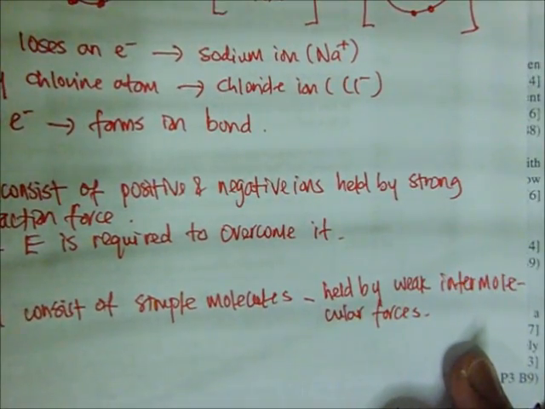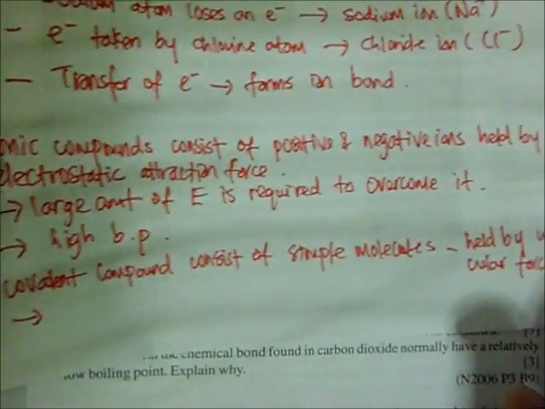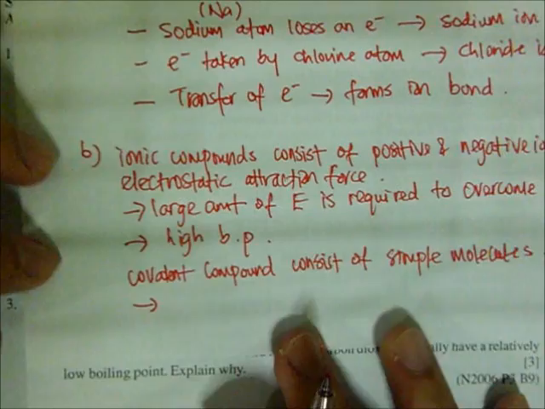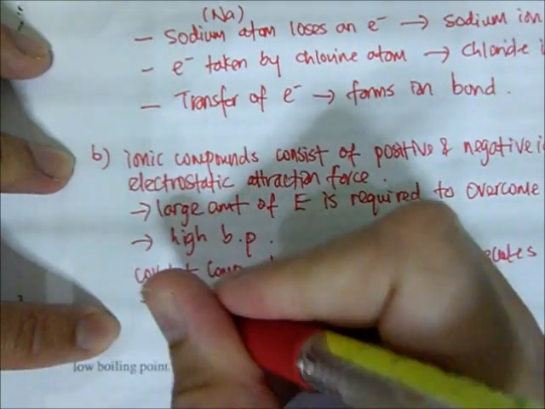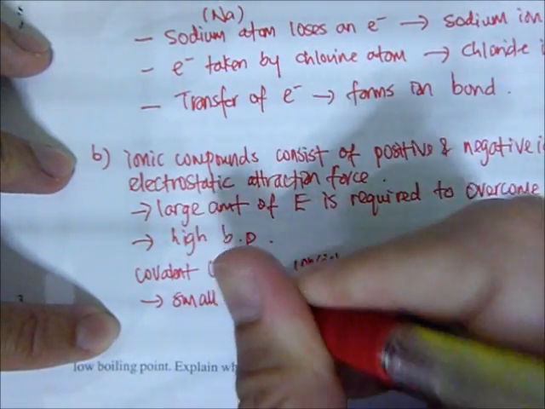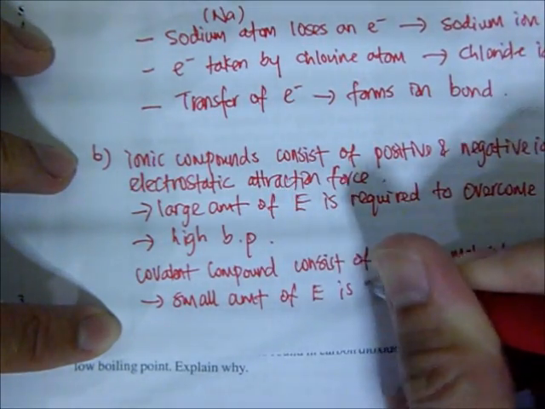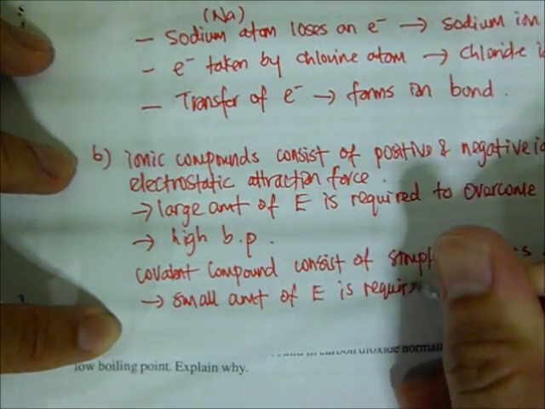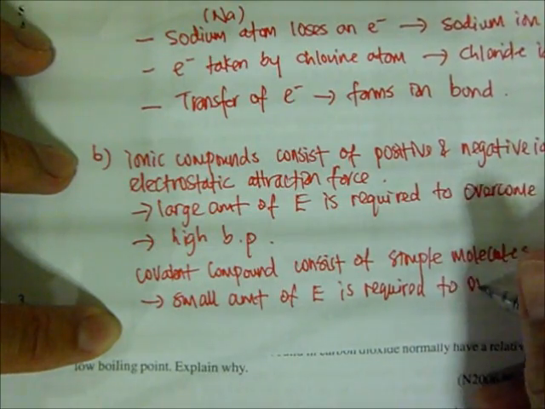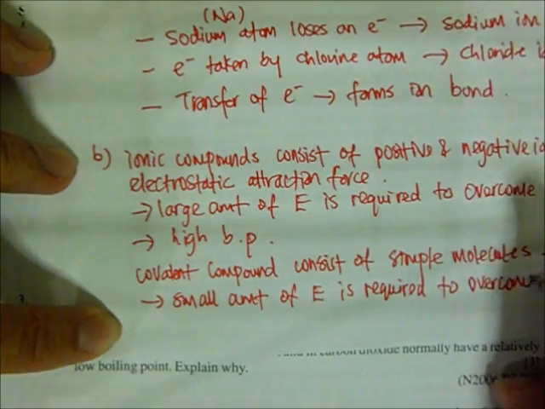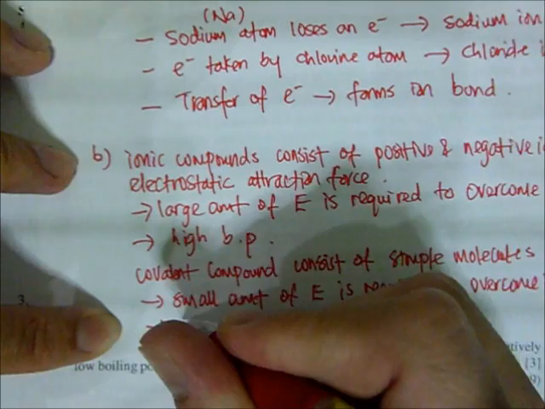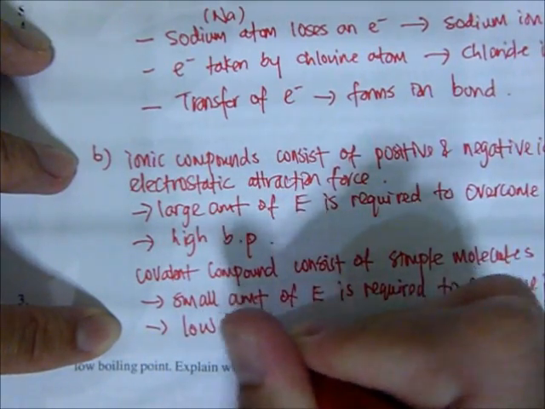Weak intermolecular forces. And because the intermolecular forces are so weak, a small amount of energy is required to overcome it, and because of that it has low boiling point.